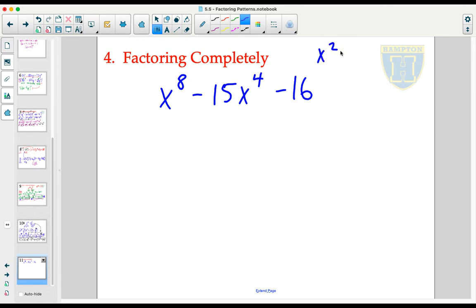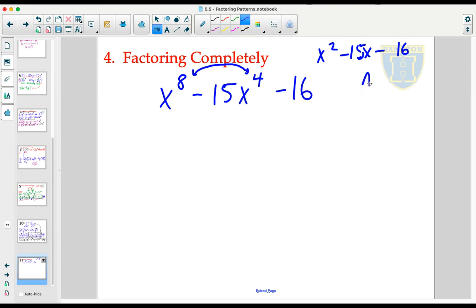Normally, we would have an example that would look like this, and we would walk our way through the AC method in order to factor that polynomial. But because this power, the 8, is twice the power that's in the middle, we can still use the same technique.